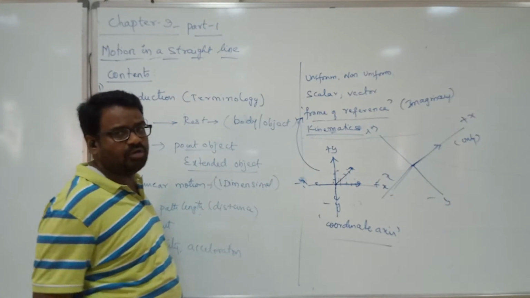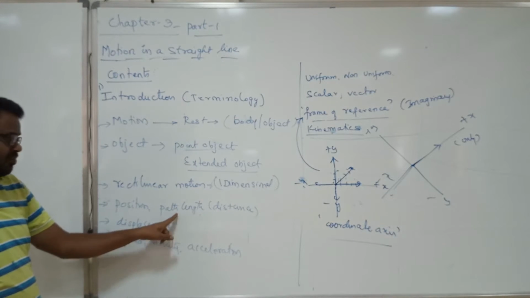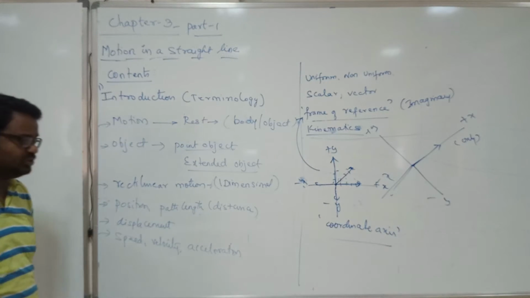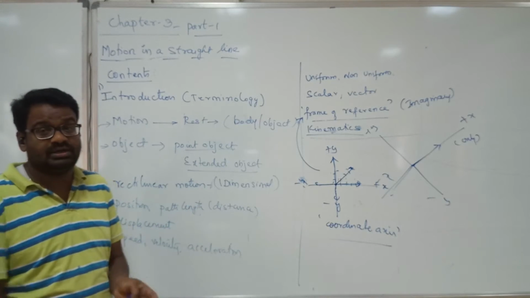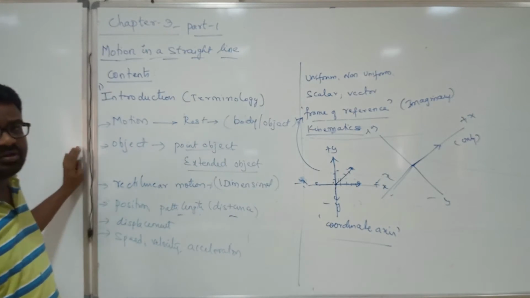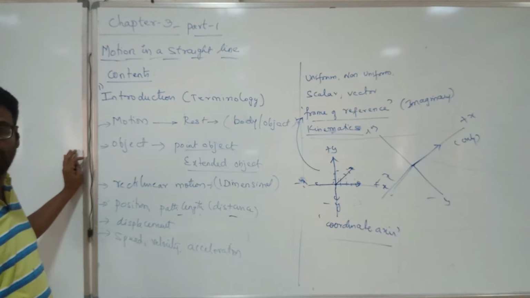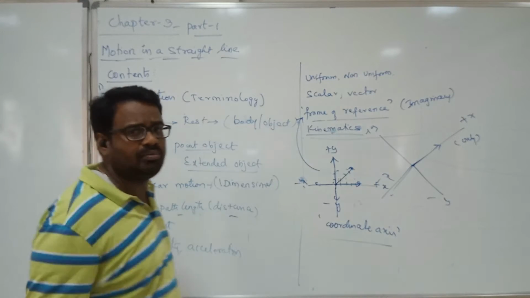Now position, what do you mean by position? Where the object is located. Path length is the total change of position, total distance. The other meaning of path length is distance. What do you mean by distance? If you are moving from one place to another, how much distance have you traveled to come to Triplet Basar?